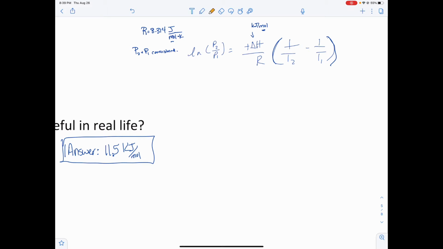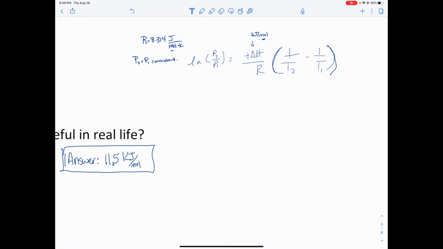But you'll notice, of course, that the kilojoules and the joules don't cancel properly, so we have to watch for that. Now, the T value, remember, use your R to help tell you what something's going to be. The T values have to come in Kelvin. So we are going to put that number in as a Kelvin and that number in as a Kelvin.